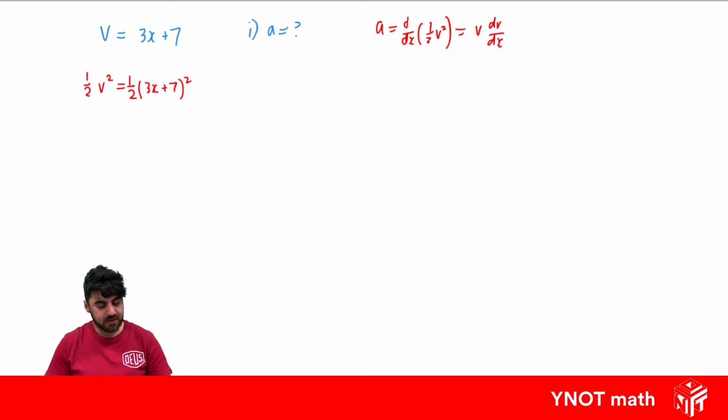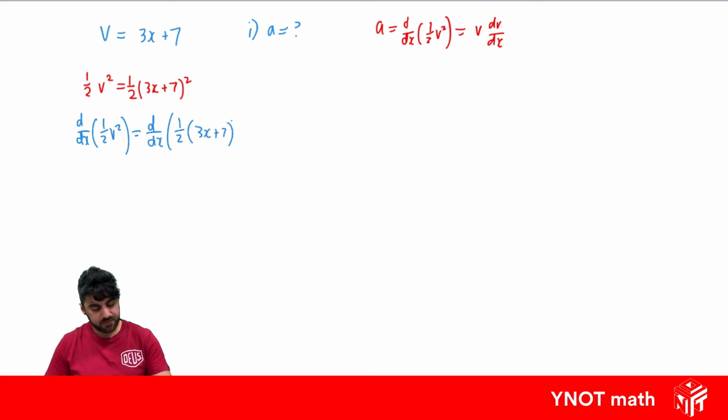So if we take the d dx of both sides, we have d dx of a half v squared, and we'll have d dx of a half outside of 3x plus 7 all squared. d dx of a half v squared, we know that's equal to a.